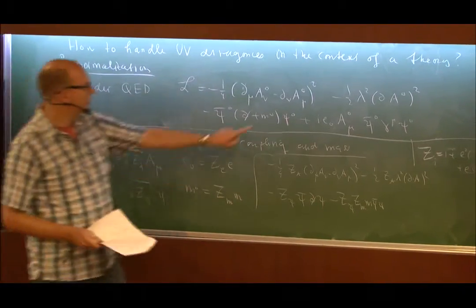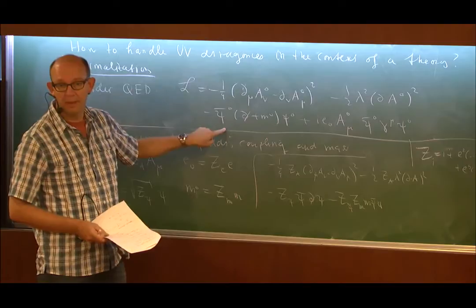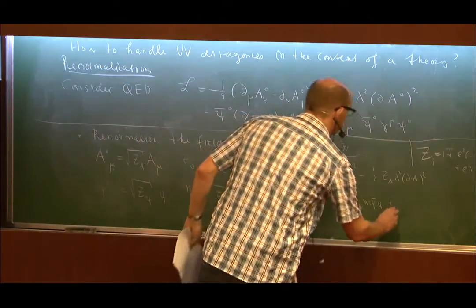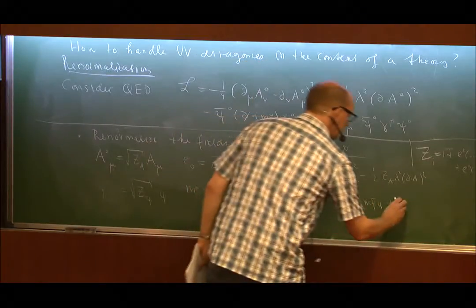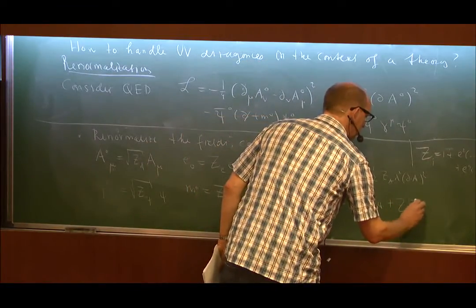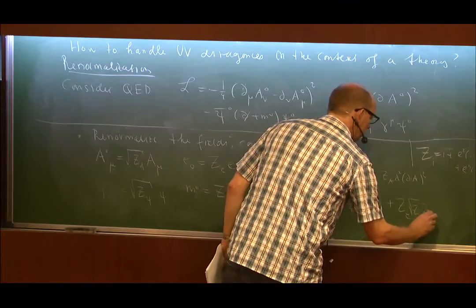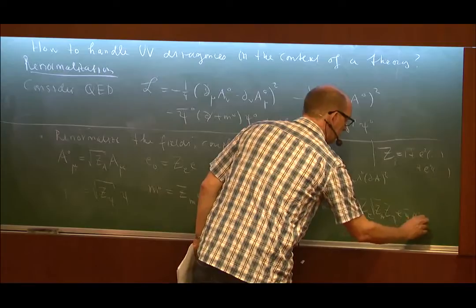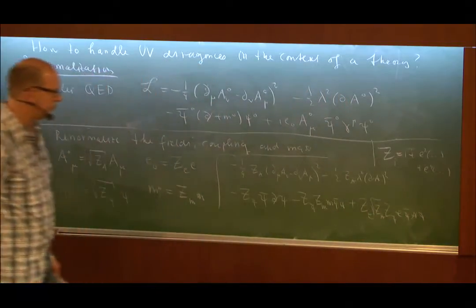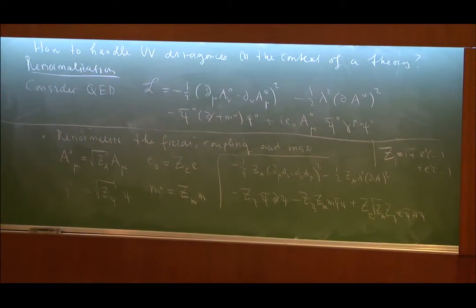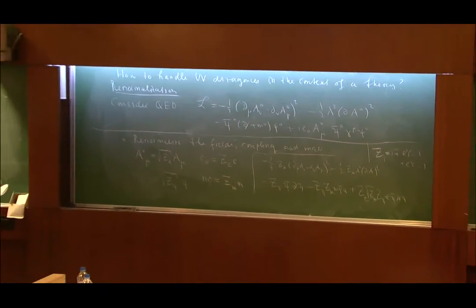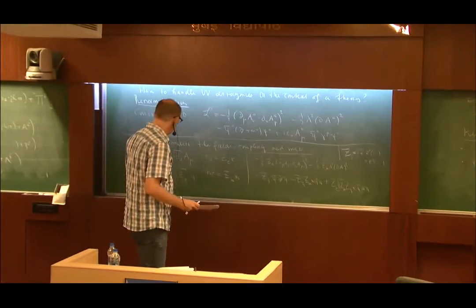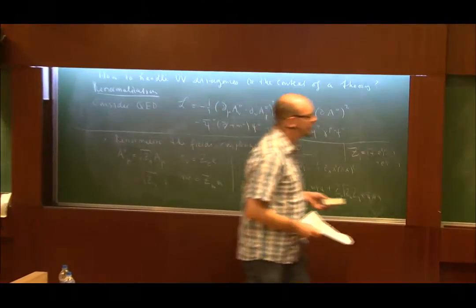That's because this gets a Z factor and these two as well. And the final term is plus ZE square root of ZA times Z psi times E psi bar A slash psi. Okay. Nothing too spectacular so far. We just substituted this, and the real trick really comes now.